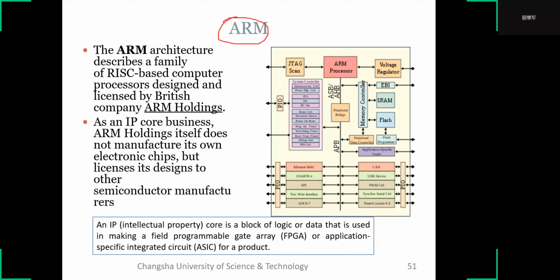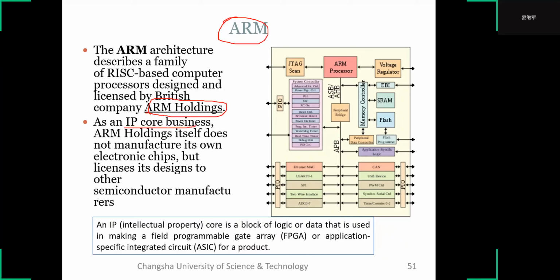ARM: the ARM architecture describes a family of RISC-based computer processors designed and licensed by the British company ARM Holdings, as an IP core business.